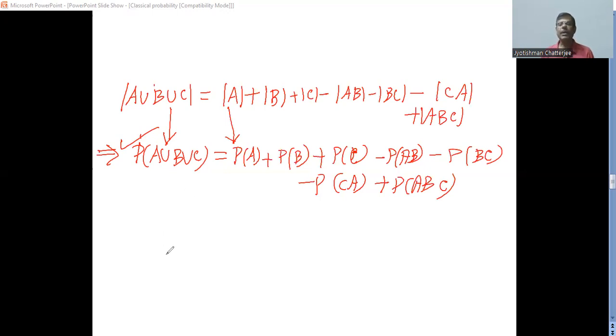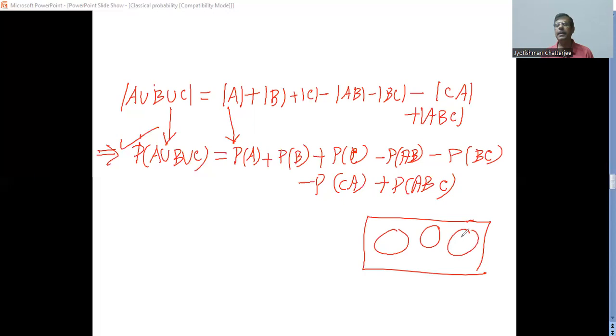And what I was talking about: if A, B, and C are not overlapping with each other, if the diagram is like this, here is A, here is B, here is C. In that case, each of these terms, AB, BC, CA, ABC, all these probabilities turn out to be 0, and you will be left with only this part.